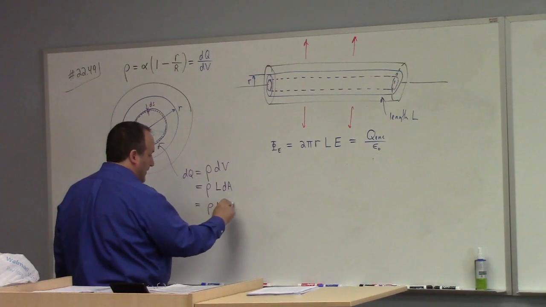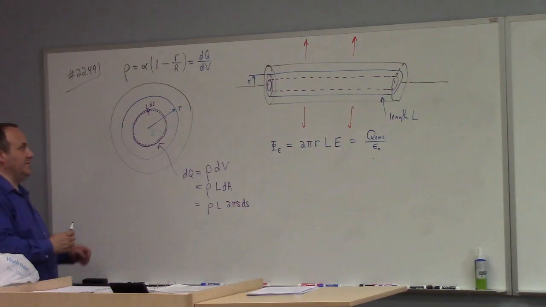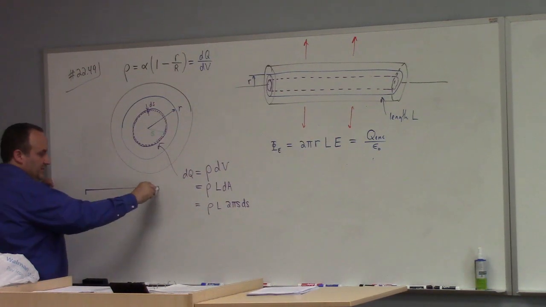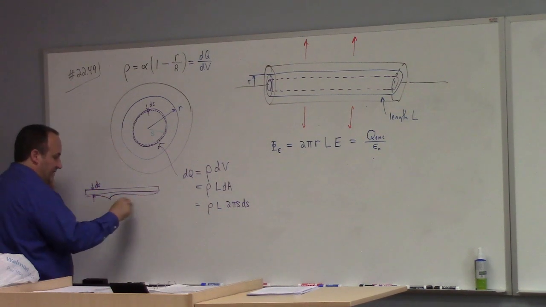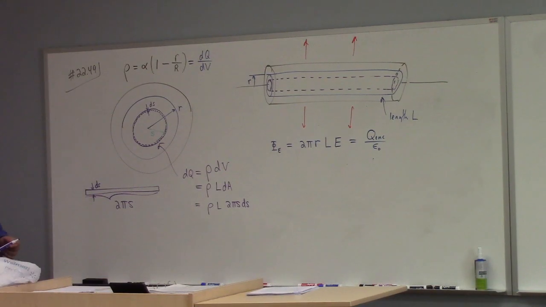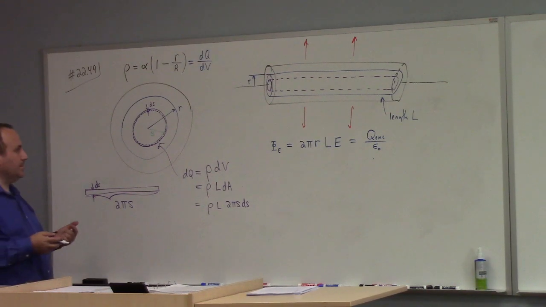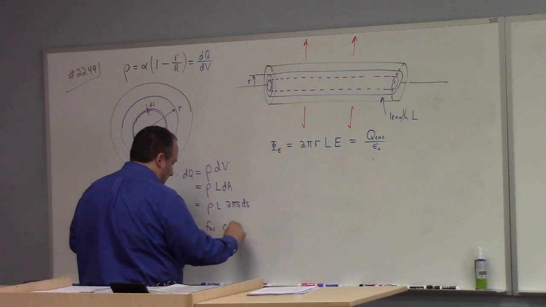How about 2 pi s ds, right? So if you can imagine taking the purple thing and just laying it out flat, right? The thickness would be ds, and the length of it would be the circumference of the strip. Does that make sense? So, okay, then what? Well, this is true for what? For 0 less than or equal to s less than or equal to r, right?